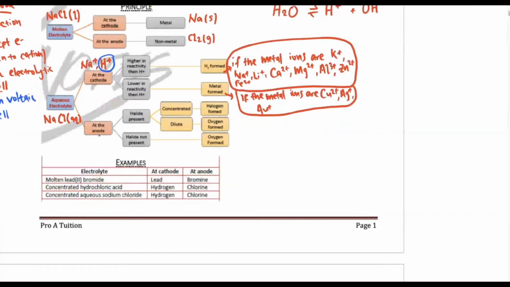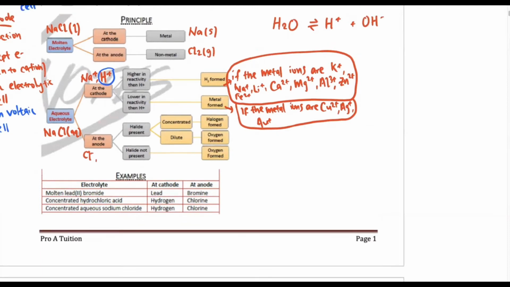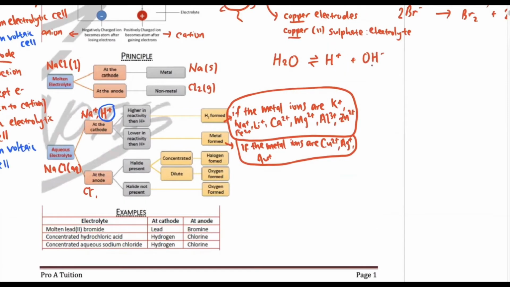The anions here are the negative ions, so it will be the Cl negative together with the negative ion from water, which is OH negative. And of course, who is going to be selected to form the product? That is also decided by a series, so a series to remember.